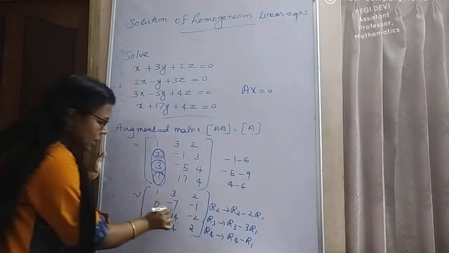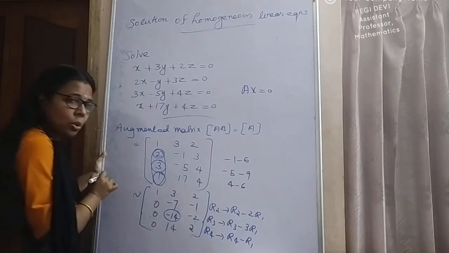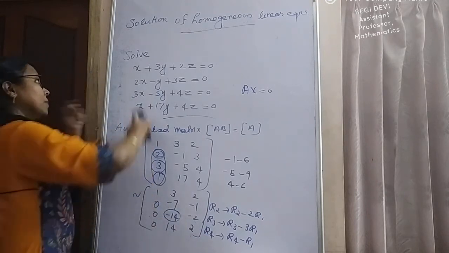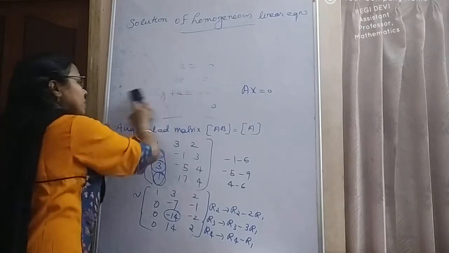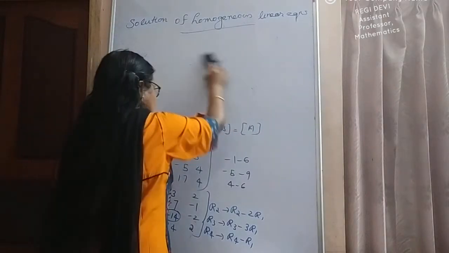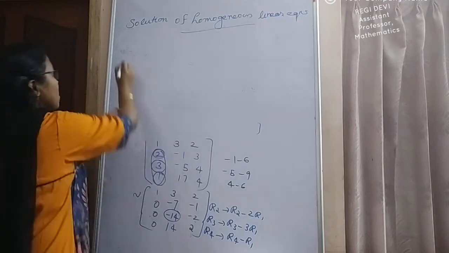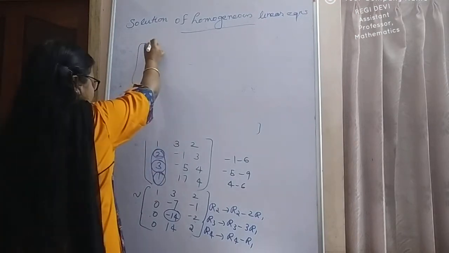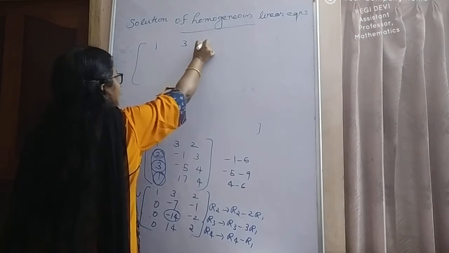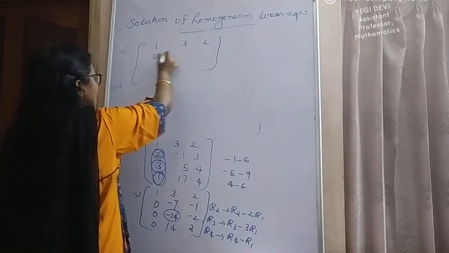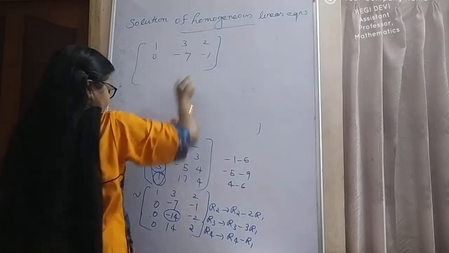Now we have to make this minus 14 as 0. The first two rows become fixed: 1, 3, 2 and the second row 0, minus 7, minus 1.